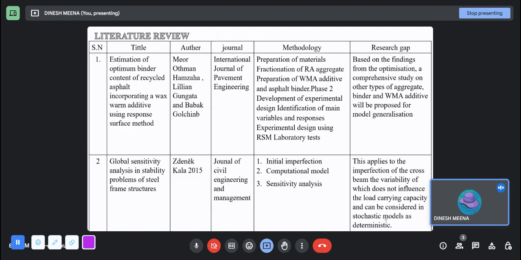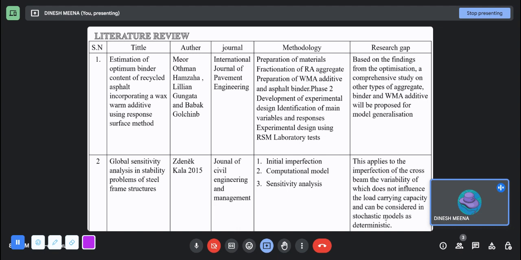Then, the literature review part, in which estimation of the optimum binder content of recycled asphalt incorporating a warm mix additive using a response surface method. In this paper, the adopted methodology was preparation of the materials, fractionation of recycled asphalt aggregate, preparation of the WMA additives and asphalt binder.